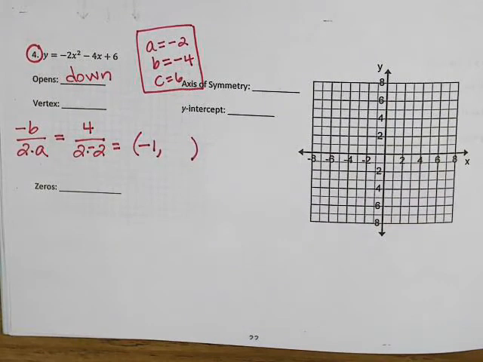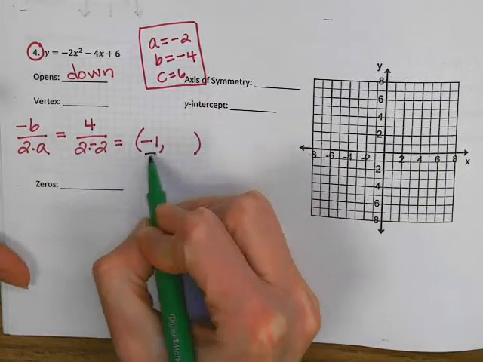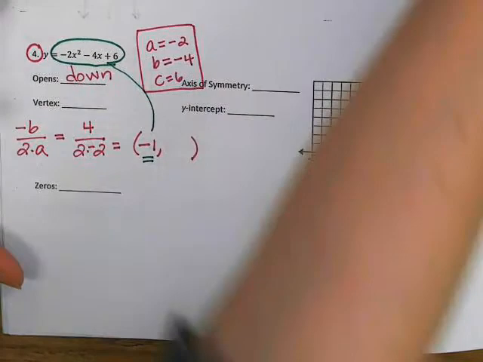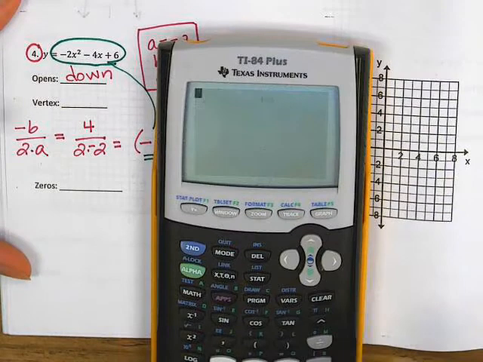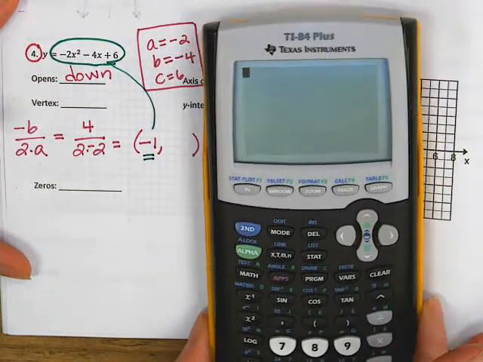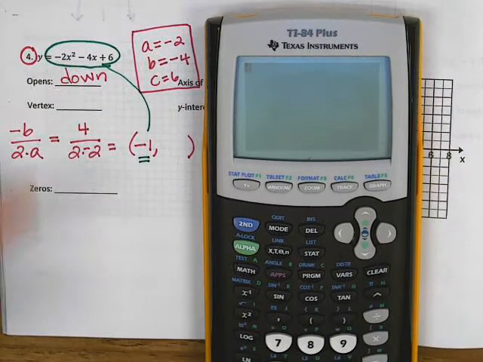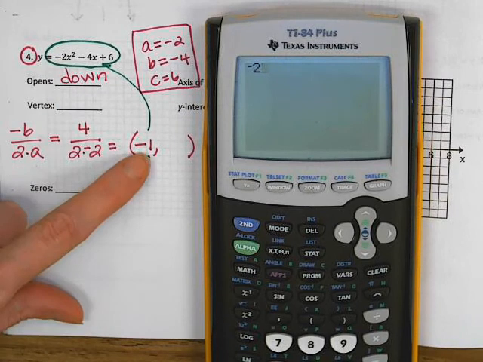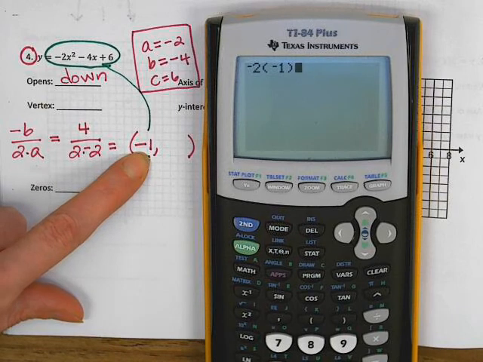And then remember, we have to take that negative 1 and plug it back in to get the y value. So take negative 1 and plug it in for all of the x's, but be careful with parentheses. So there's a negative 2 out front, and then x squared, but x is negative, so we need parentheses around the negative 1 squared.